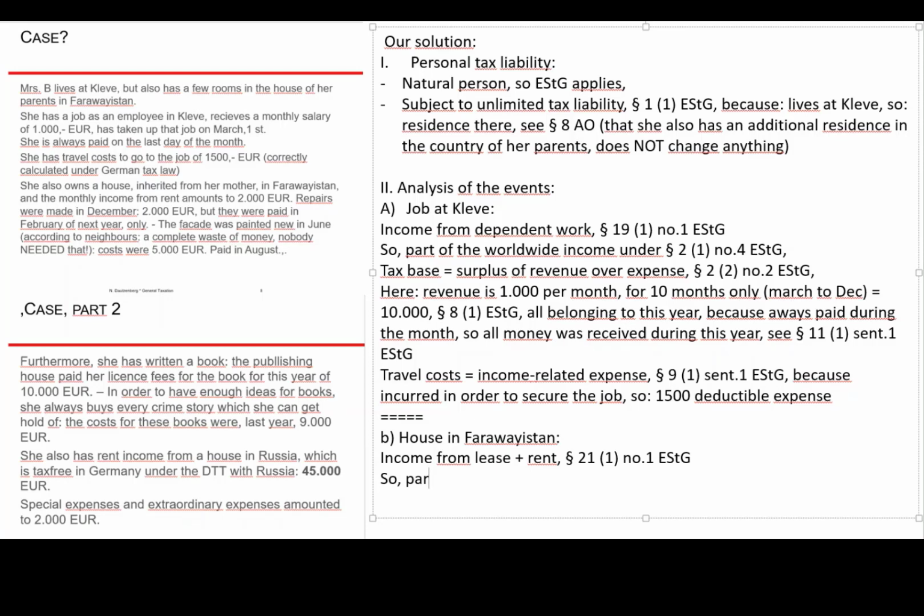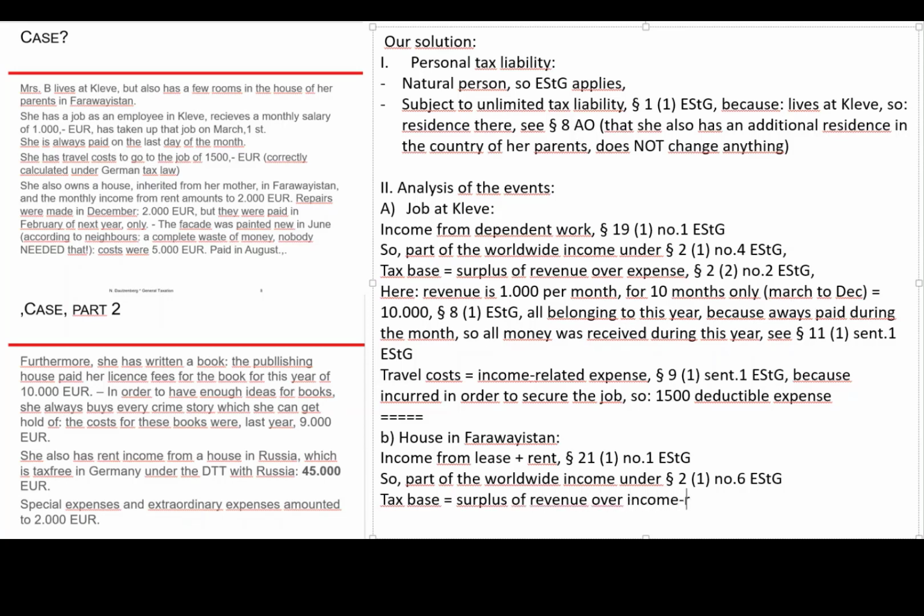So part of the worldwide income under paragraph 2.1 number 6 ESTG. Tax base is not the profit but the surplus of revenue over income related expense, number 2 ESTG again.